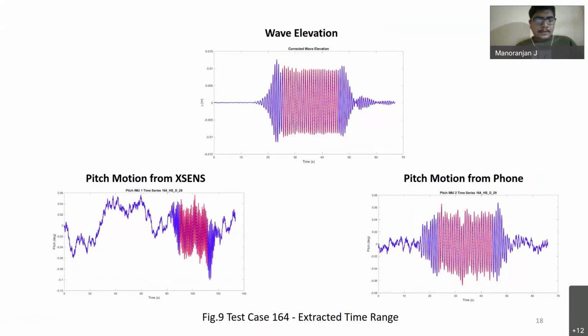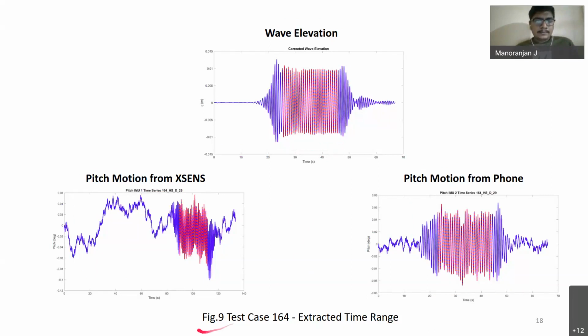After reconstructing from the filtered frequencies, we calculate the region where we want to extract the relevant amplitude of the waves.